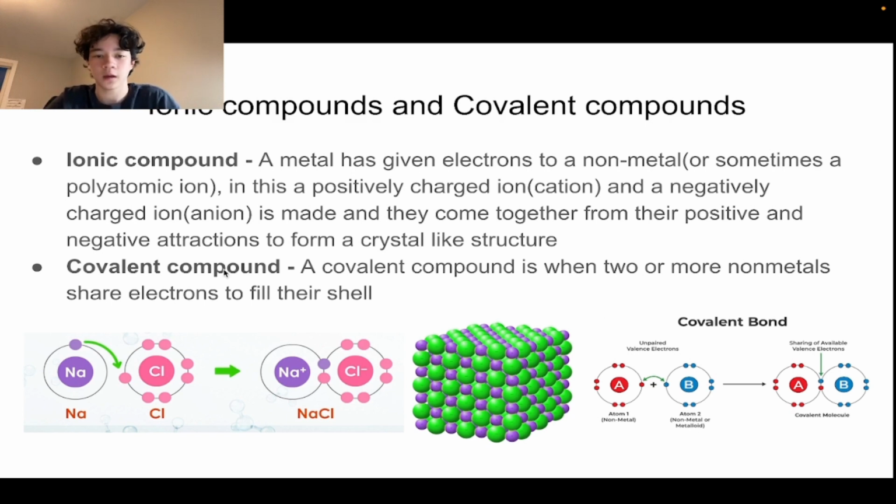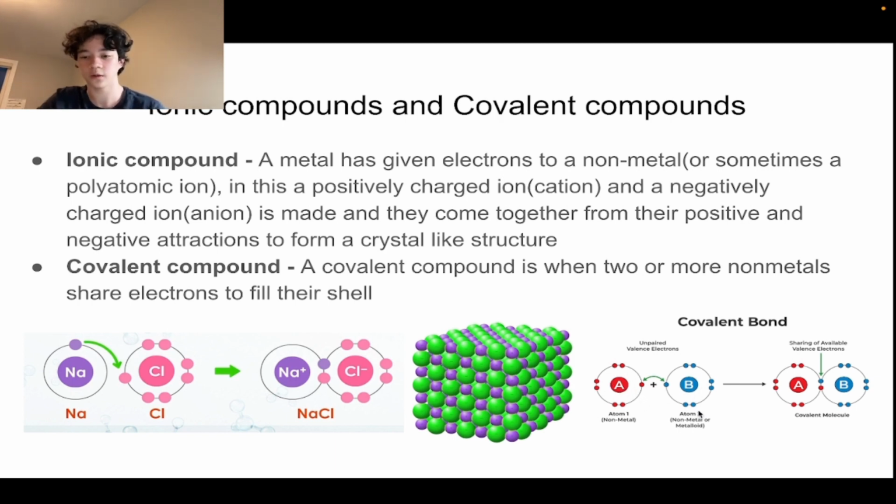Everyone's happy. Now for covalent compounds, it's different. This is between two nonmetals. So ionic compound, metal and nonmetal, or sometimes polyatomic, and then covalent is two or more nonmetals. In this situation, if B were to just steal an electron from A, A would be unhappy.